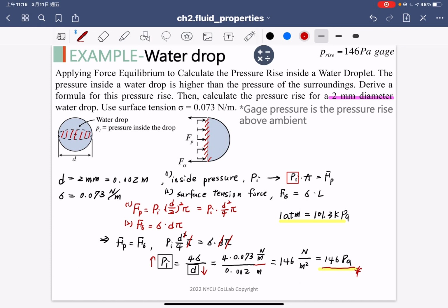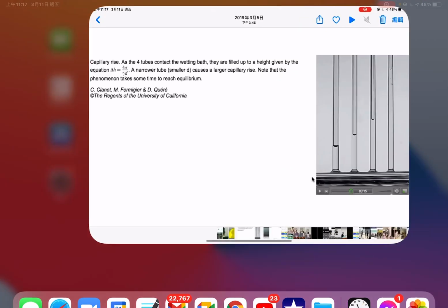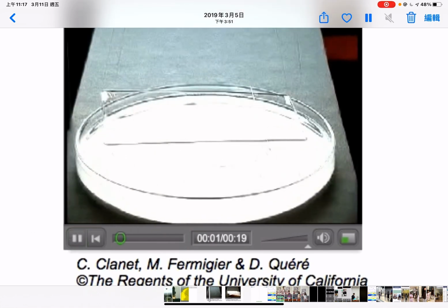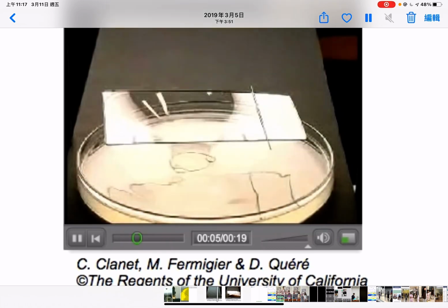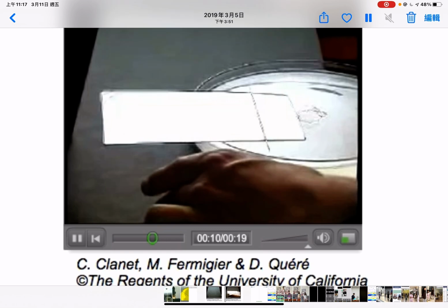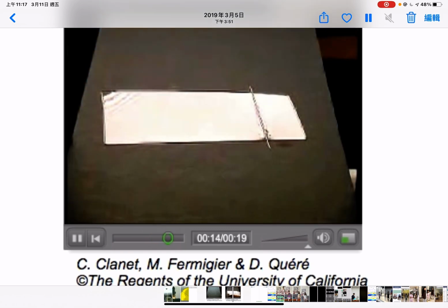Okay, this is a very good exercise, and the final exercise for the surface tension is the needle floating. As I mentioned, the 轻功水上漂, right? So if we see the movie, we just put the stainless needle on the glass, and we put the water, and right now you see the needle is floating, right?